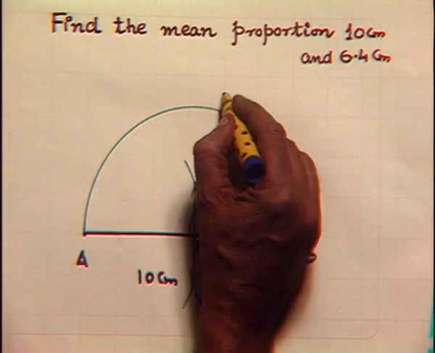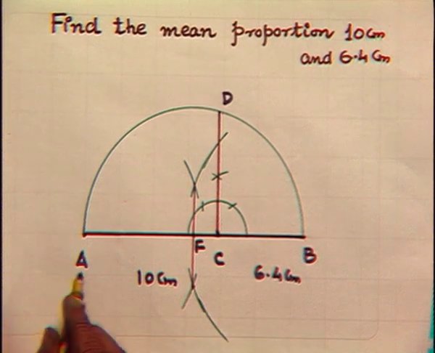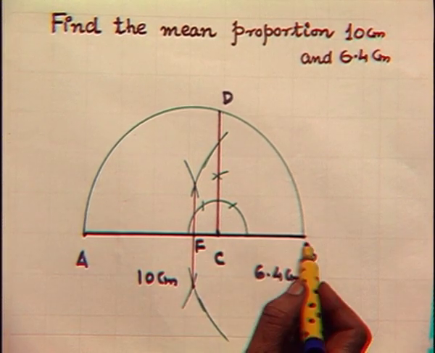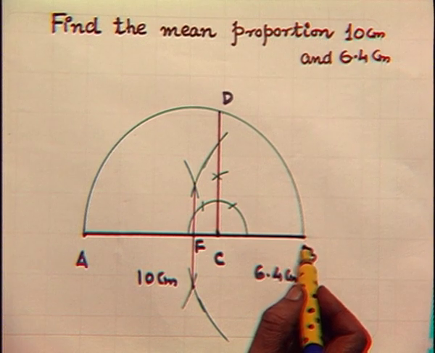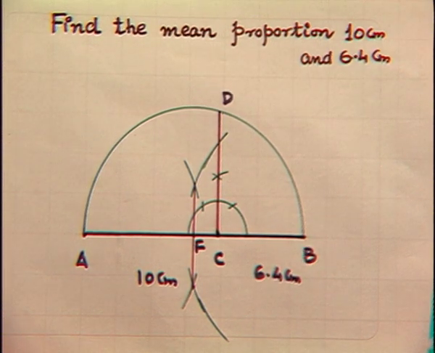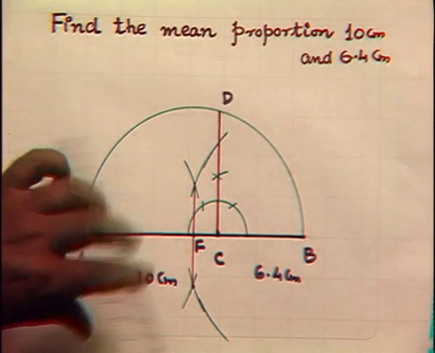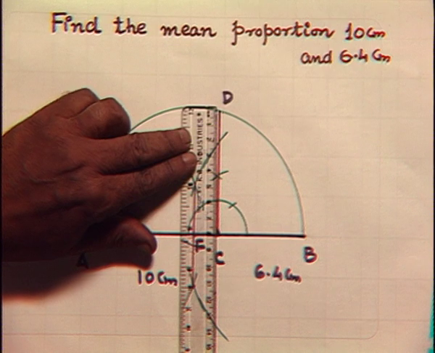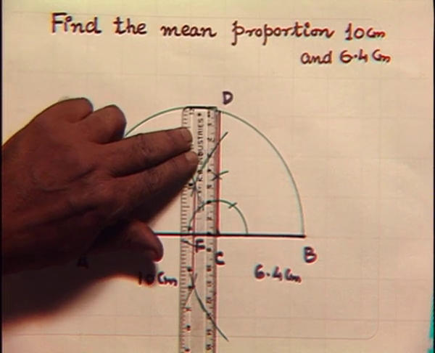This CD is the mean proportion between AC, that is 10 centimeters, and CB, that is 6.4 centimeters. Let us see how much is the length of CD. CD is 8 centimeters.